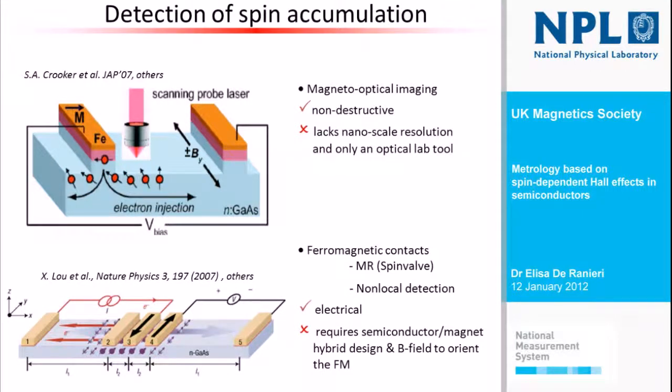The other known technique is to use non-local spin valve detection, but in this case you need to have ferromagnetic contacts to probe the spin accumulation in the semiconductor. And so it has the advantage of being an electrical detection, but you have to have ferromagnets built into your semiconductor structure, and you have to employ magnetic fields to be able to align the magnetization in the ferromagnet.